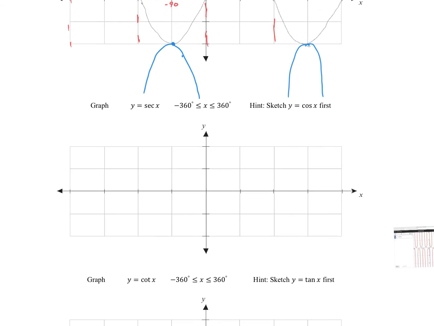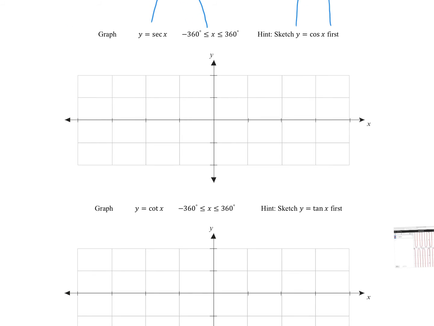Let's have a look at the second one. We'll do sec x a bit better. So let's start by drawing our cos curve. Where does the cos curve start? At 1. So I'm going to go to just negative 1 here. When I sketch it in, it goes from negative 1, then down to 90, up, and then down to 0, down.